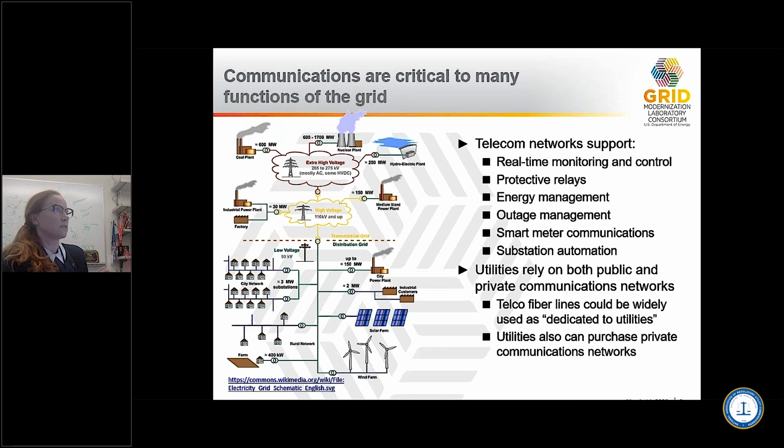When we start with advanced applications in here, the utilities can rely on both public and private communications networks. A good example here: we're trying to install a new sensor type with PG&E at the moment at a remote substation that's a pretty nice location. It's down by the beach. But there's basically no communications to that substation that we can use for this type of sensor.